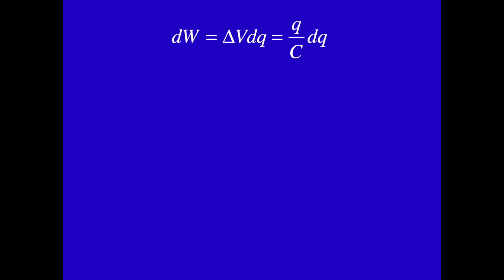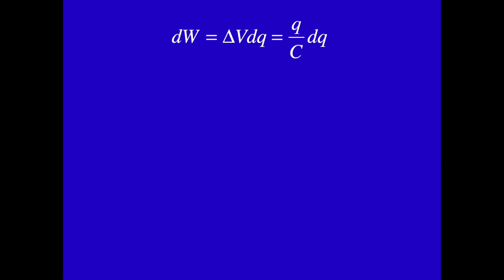And so all I have to do now is integrate this equation from 0 to Q final, and I have the energy stored in the battery. I'm sorry, the energy stored in the capacitor. I'll integrate Q over C dQ from 0 to Q final.